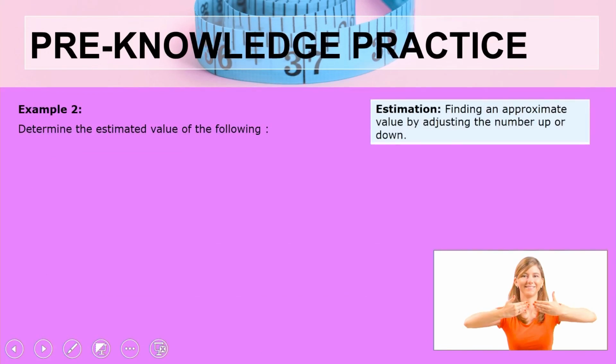Okay, now let us also look at the second example. To determine the estimated values of the following, the first question is 1,34 by 5,4. I hope you have your calculators with you, and you are calculating with me as well. Let us calculate together now.